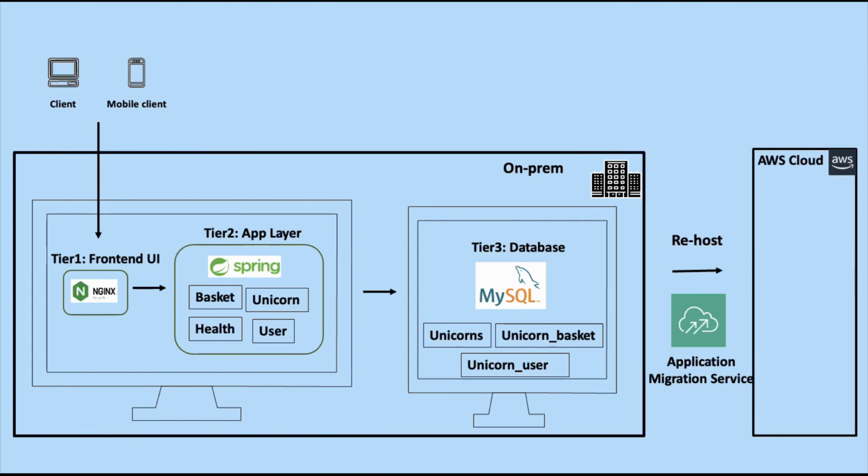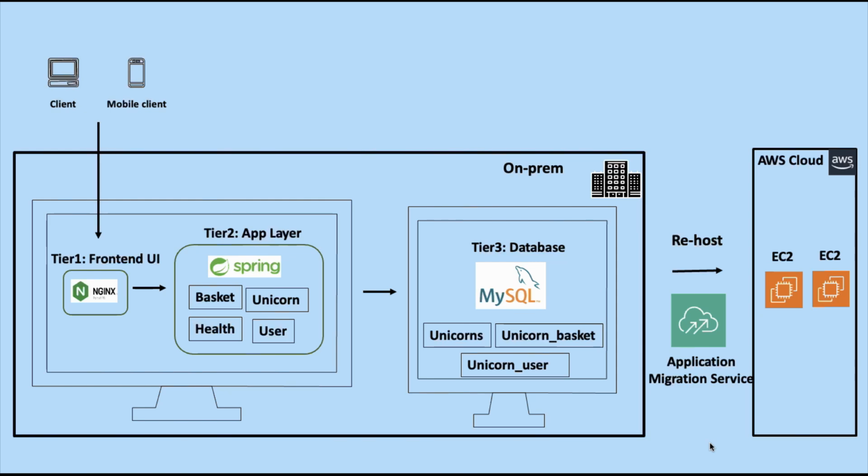Okay, and in the AWS cloud, we will be using the EC2 machines for both the front end and app layer and also the back end. Okay, so this is how we rehost the existing monolith into the cloud as it is without doing any refactoring. Okay, without doing any re-platform also, it's as it is. Okay, so this is how a typical lift and shift operation looks like.